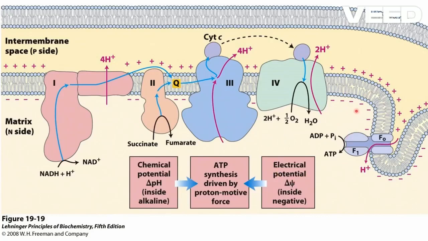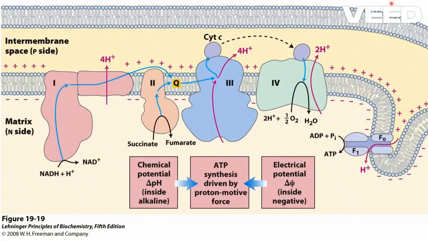Inside becomes negative and the intermembrane space, that is the P side, becomes positive. Due to this change in charges, there is an electrical potential. Also, there is a chemical potential of pH, because when there is more hydrogen positive, that means there is a low pH. So there is a low pH in the intermembrane space and a high pH in the matrix side.